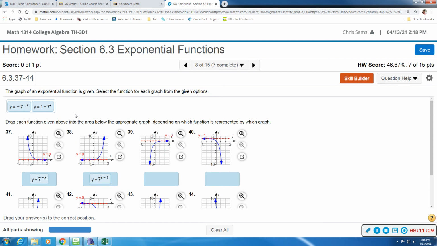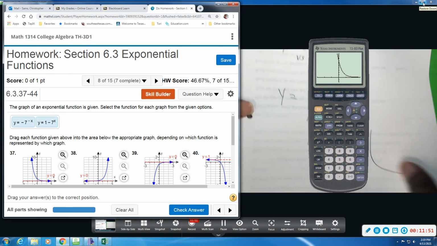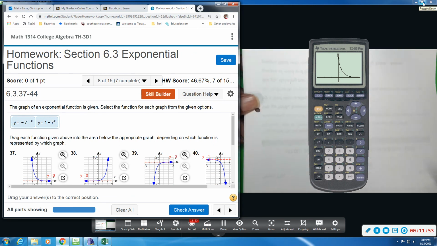One of them flips across the x and the y, and one of them just flips across the x-axis. Imagine exponential growth going up. It's hard to visualize, so let me write it out. Let me move this calculator out of the way.